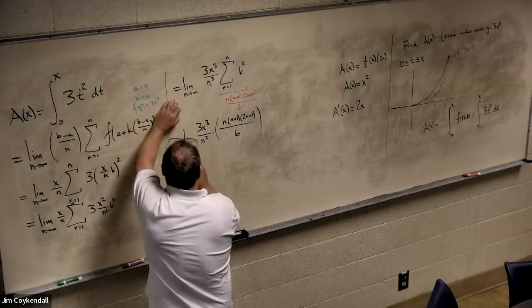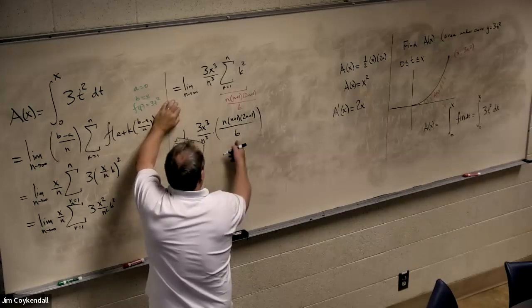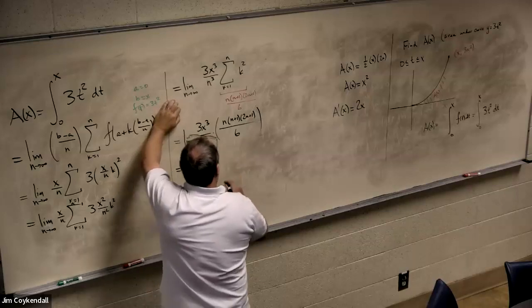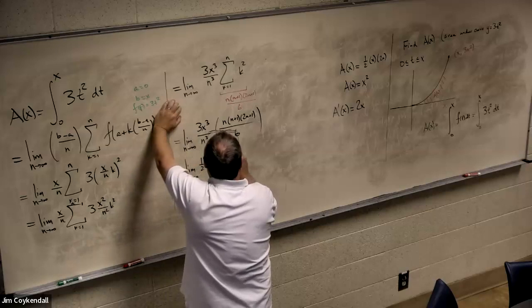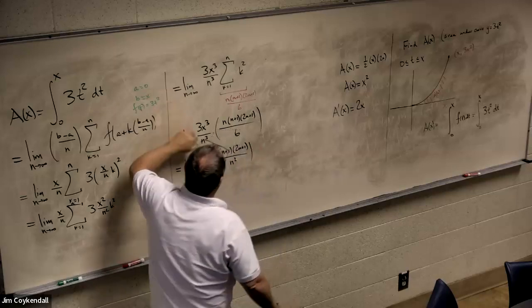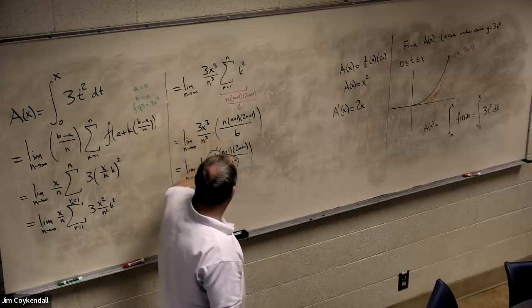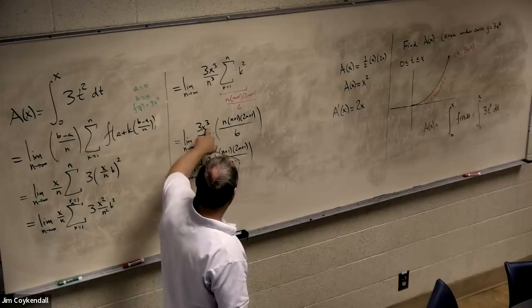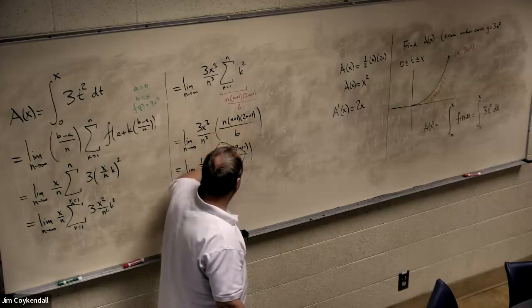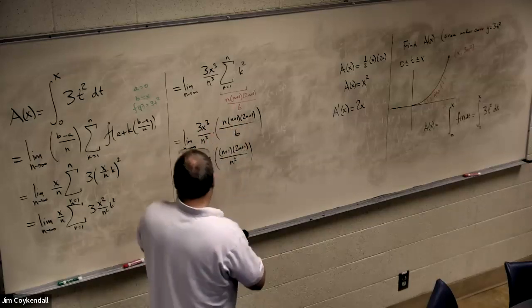So this is the limit as n goes to infinity. The 6 cancels out, half x cubed. And this becomes n plus 1, 2n plus 1 over n squared. So the 3 and 6 cancel out to 2 there. Got my x cubed still hanging around. One power of n then cancels that. And I have n plus 1, 2n plus 1 over n squared.